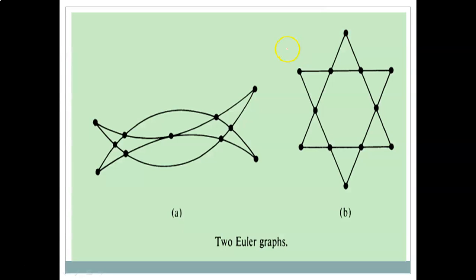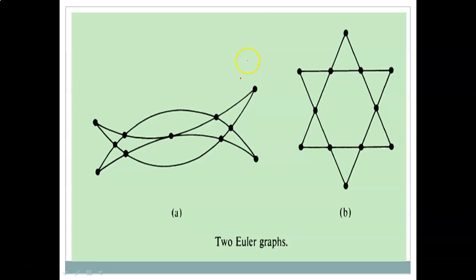Now see another example. Both of these two examples are Euler graphs. You can find an Euler line in these Euler graphs. And in fact here you can see with the help of Euler's theorem that the degree of each of the vertices in these two graphs is even.